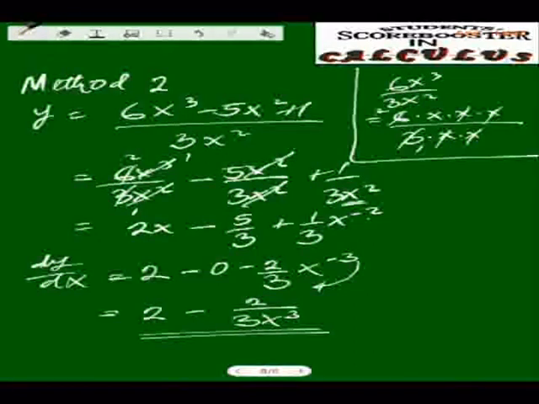So I think I will stop here, and I'm going to provide more examples when I get to differentiation of trig functions. Before I go, let me just give you some exercise.